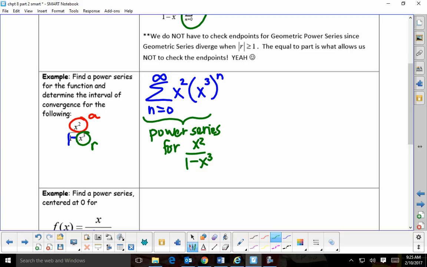And basically, if I kept going and writing out what this would be, what am I going to see this become? Okay, x squared plus x to the, let's just write it out. That would be x squared plus, plug in 0, then plug in 1, x to the 5th plus x to the 8th, dot, dot, dot, right?